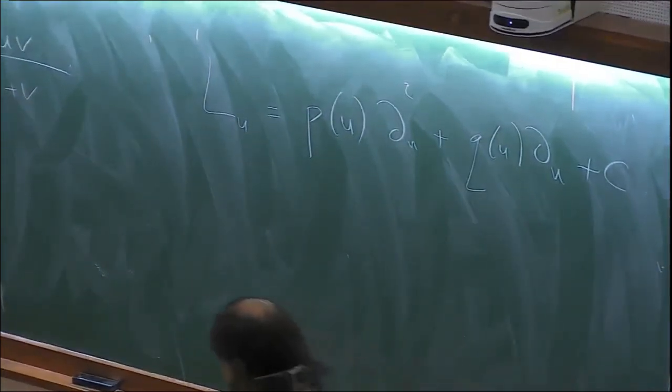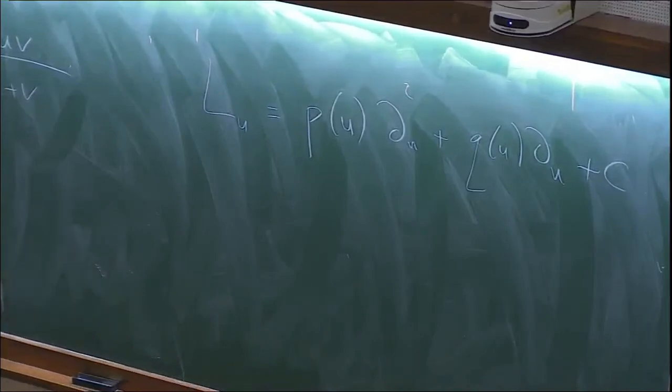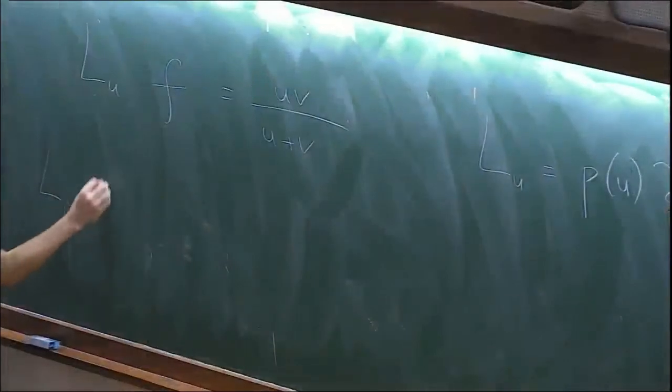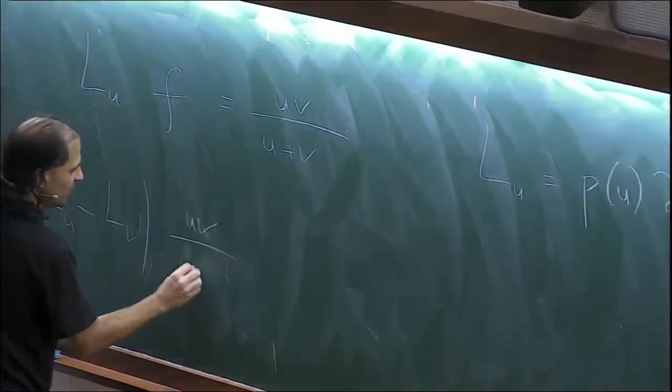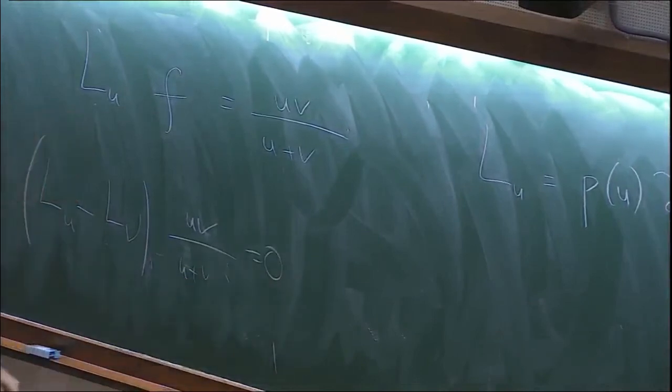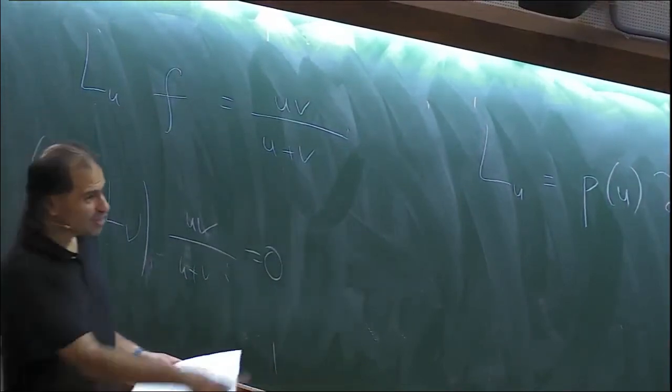And we just want to demand that the same f that solves one solves the other. Okay? Well, that puts a constraint. It puts a constraint that L_U minus L_V on UV over U plus V is equal to 0.